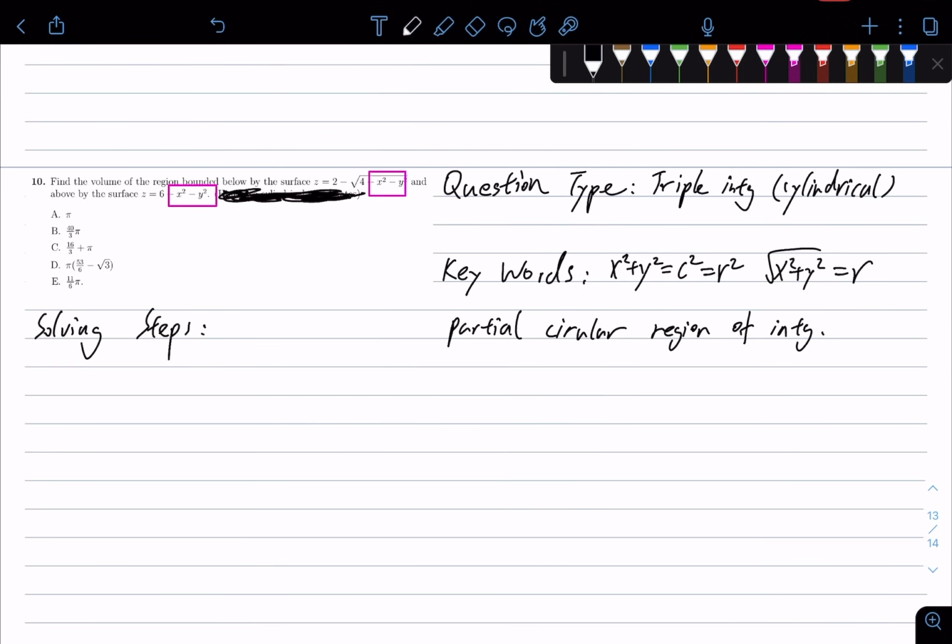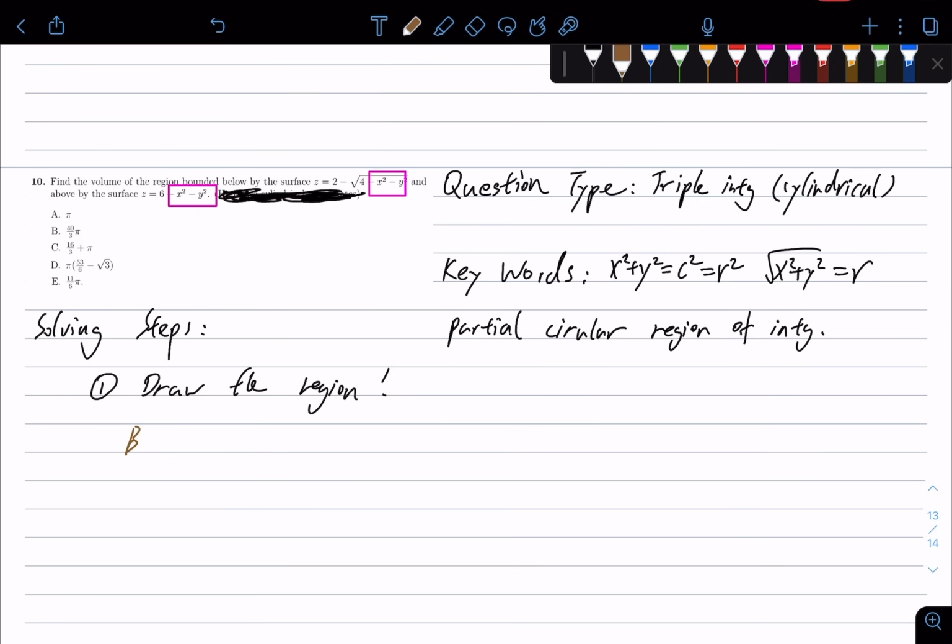First of all, for any type of integral problem, I would draw the region. It's interesting for this one, because this surface is actually really hard to draw. I mean, it's doable, but it's a little bit difficult.